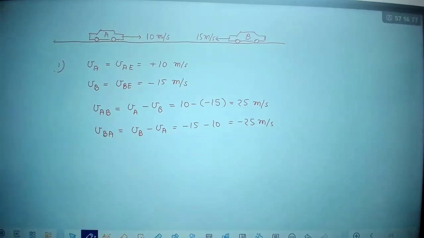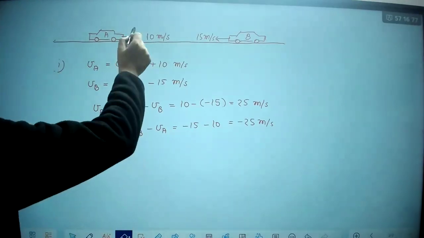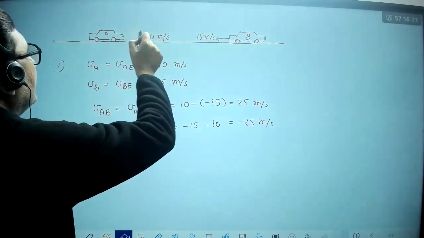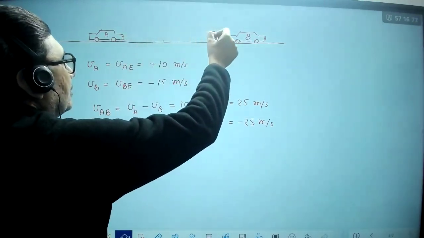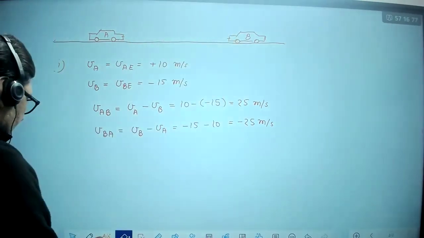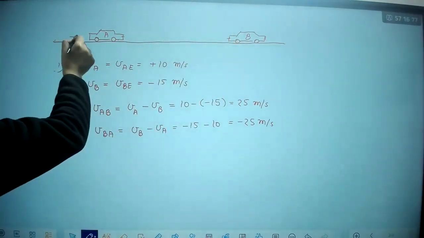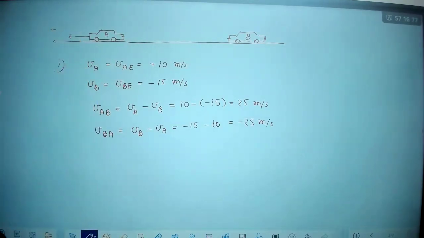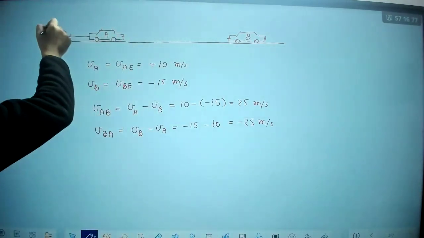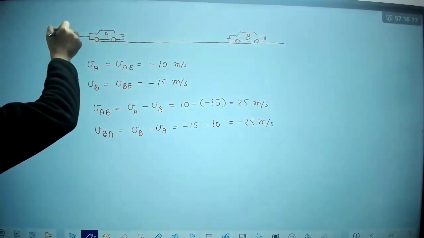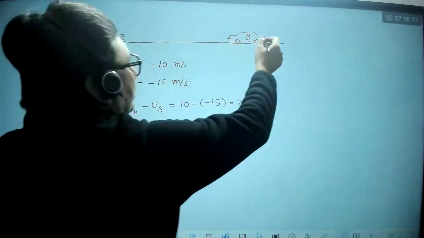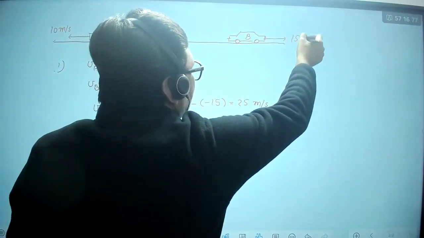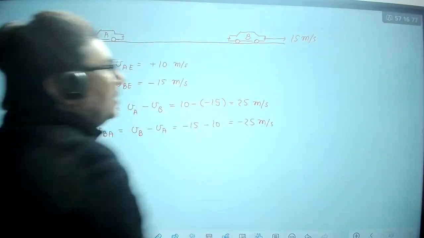Now second, if I change their directions like this. Second case, suppose this is moving in this direction with 10 meter per second, and here it is moving with 15 meter per second.